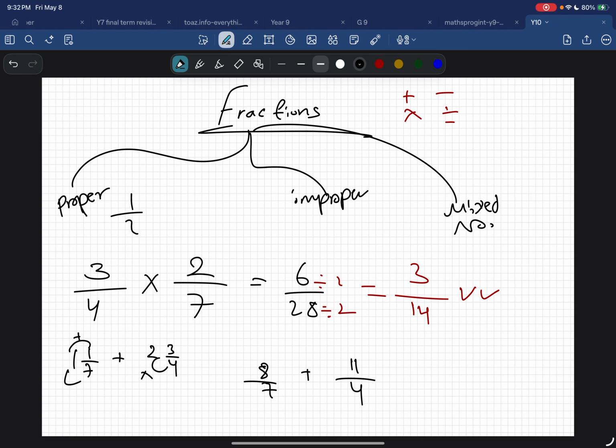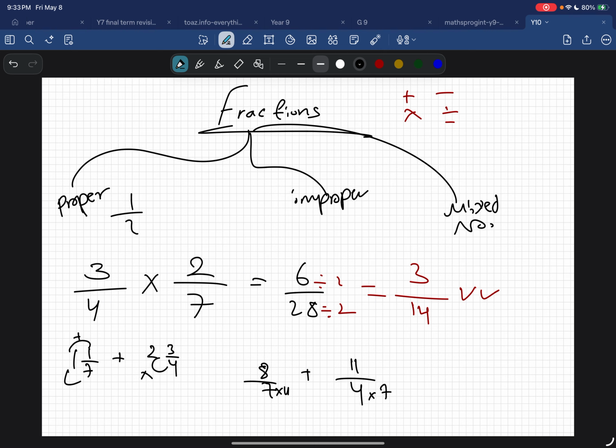Now I cannot add because I have different denominators. I've changed my mixed numbers into fractions, but I cannot add the fractions because in adding or subtracting, I'm going to have to find the same denominator. So I'm going to multiply both sides to get to the common factor, which is going to be 28 in this case. 4 times 7 here and 7 times 4 there.